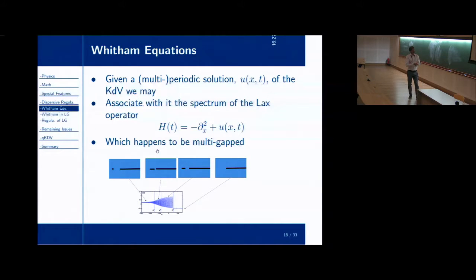So for example, suppose we have this solution of the KdV equation. There is a global spectrum for the whole solution, which I'm not drawing, and it's very complicated. But I can look at the spectrum which I get if I locally isolate a certain region where I have very fast oscillations, and imagine that these oscillations do not change in amplitude, in phase, in frequency, etc., that they are just steady oscillations.